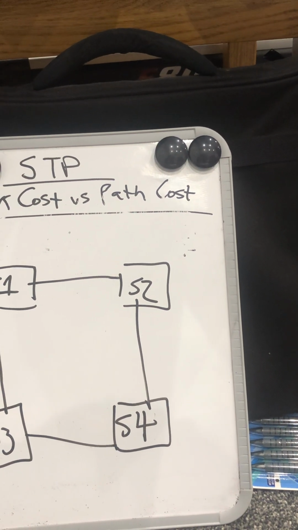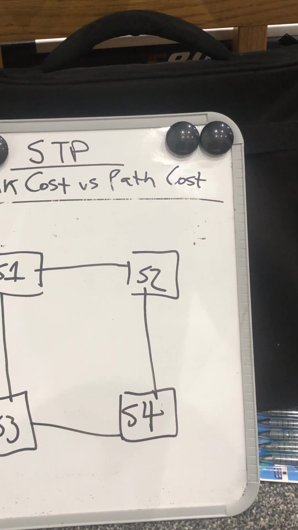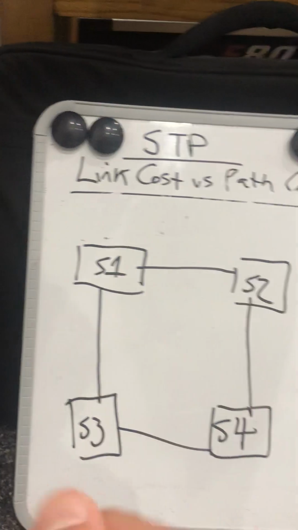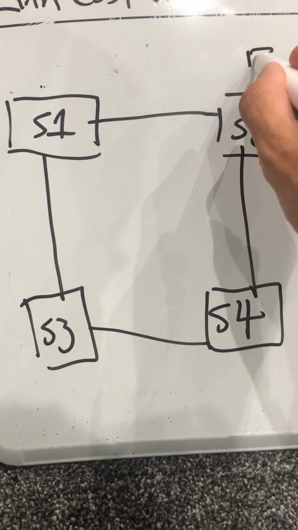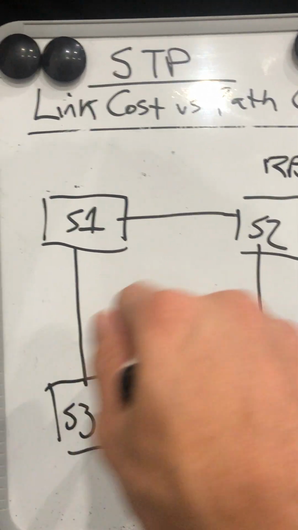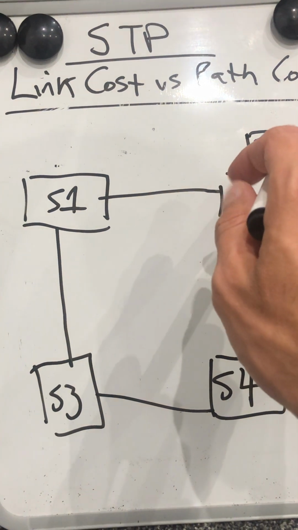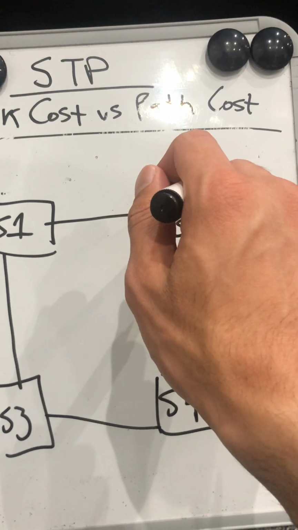Now the root bridge, in this example, will be switch 2. Why? Because it has the lowest MAC address, and this one will be the root.